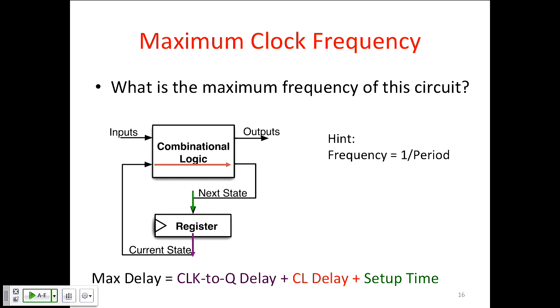If you look at it starting from one clock edge arriving here, it takes some time, the clock to Q delay, for the data to show up here for the next cycle. Then you have to propagate through the combinational logic, that's the CL delay. And once that's stable, you have to wait the setup time before you can clock it again. So those are the three components of the cycle time in this system: clock to Q delay, combinational logic propagation, and setup time before the next clock edge.